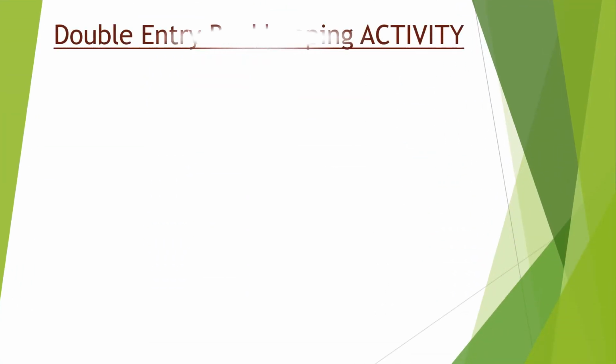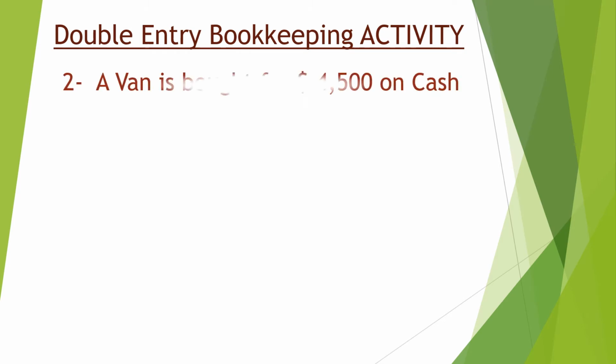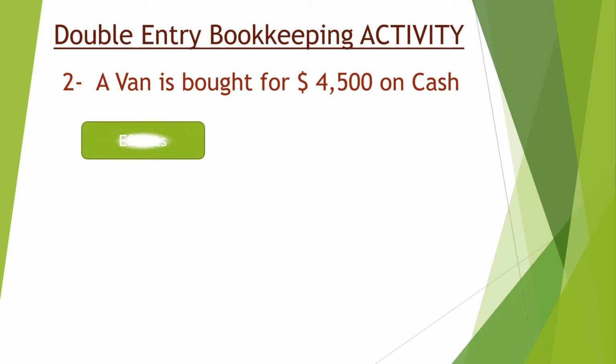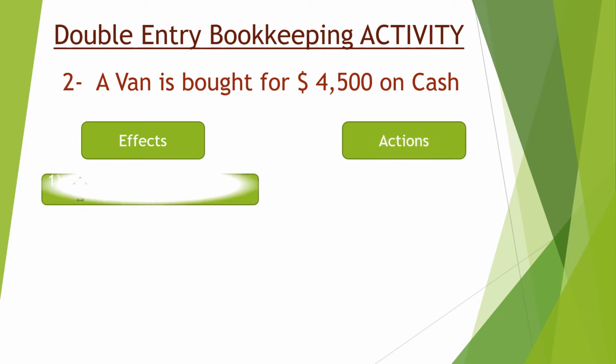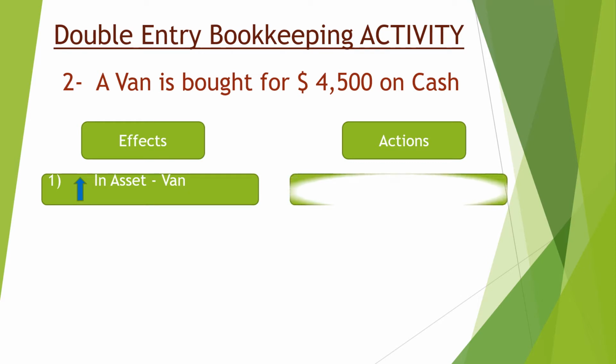Let's see another one. A van is bought for $4,500 in cash. We'll see the effects and actions here. What gone, what came in. Increase in asset, which is a van, so we'll debit the van account.